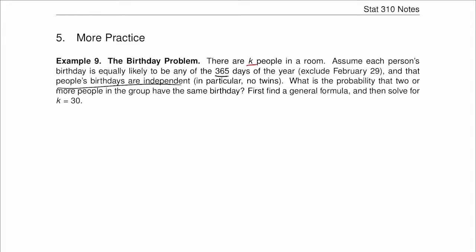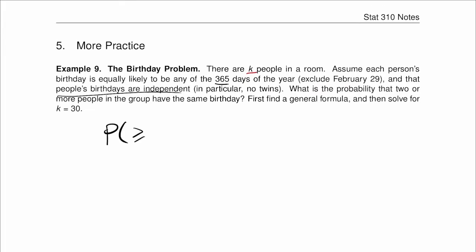Well, basically, the problem is asking what is the probability of having one or more matches in the birthdays. If we use the complement formula, the complement of having at least one match is going to be the probability of having no matches.